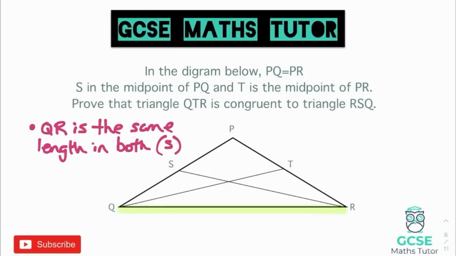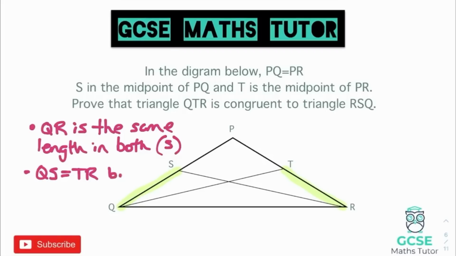Let's think about what else we could prove. Well, another thing that we mentioned was the fact that this line here was the same length as this line here, as it says that that was a midpoint. And we know that because it's an isosceles, if it's a midpoint on both, then both halves must be the same length on either side. So I could also say, and this is a relatively nice one on this one as well, that Q to S is equal to T to R. And we just need to think about how we would give our reason, because both lengths are the same and both are midpoints.